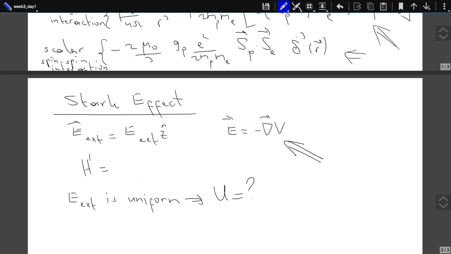So it should be, yes, H prime is equal to the charge minus e times the external field times minus z.